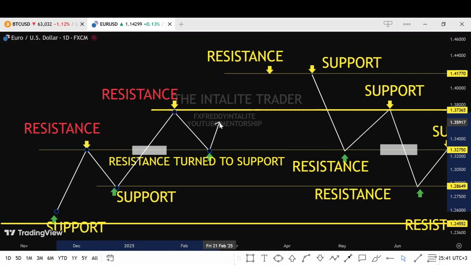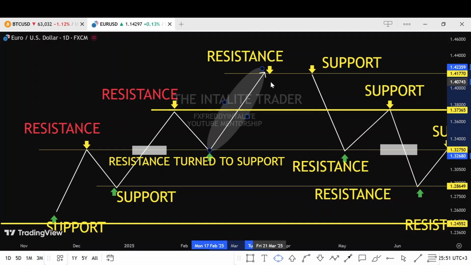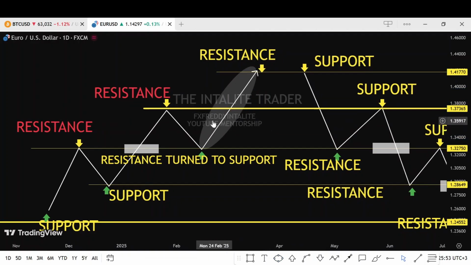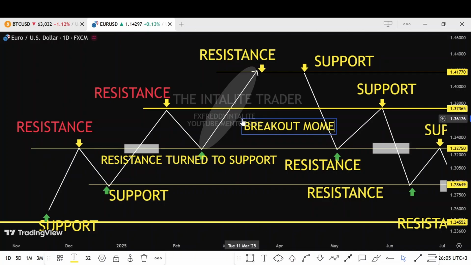Then the same, so when this price gets support, it pushes higher. And when we break above this previous resistance, we call this a breakout momentum, which tells you buyers are strong.